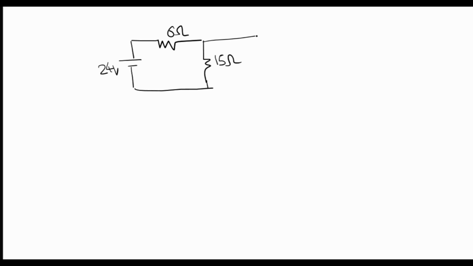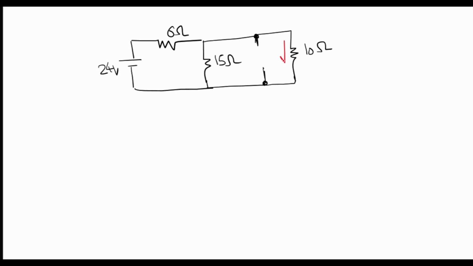The circuit in this case would look like 24 volts here and a 6 ohm resistor, 15 ohms, and then this current source is open, and then a 10 ohm resistor here.